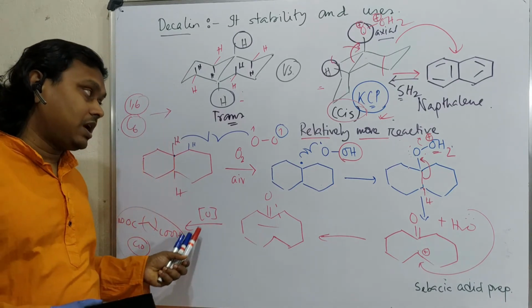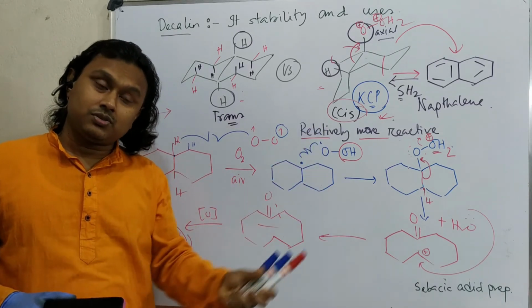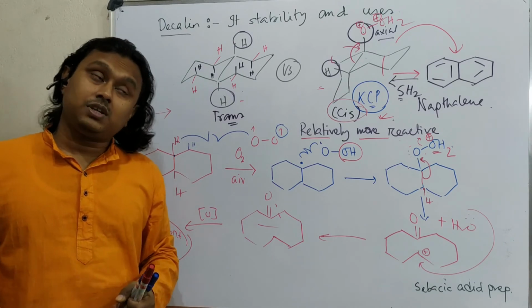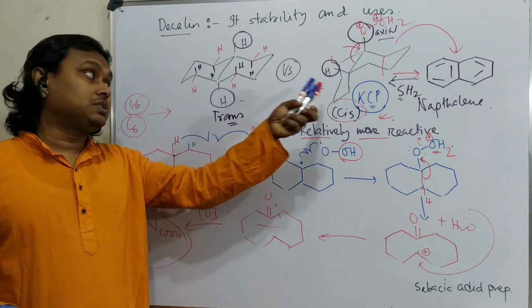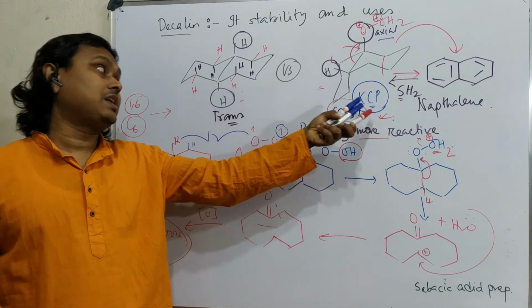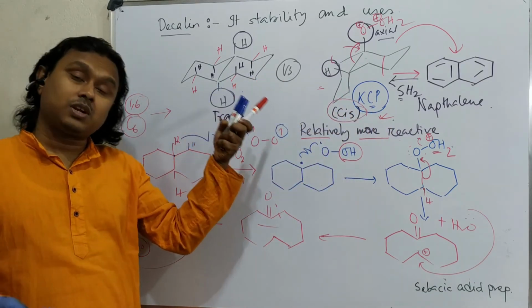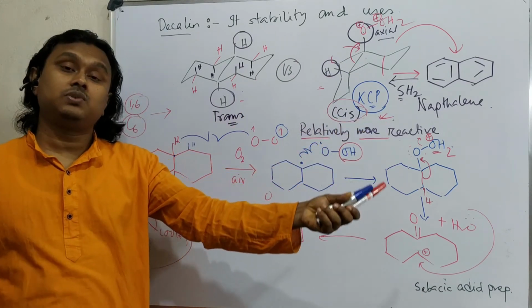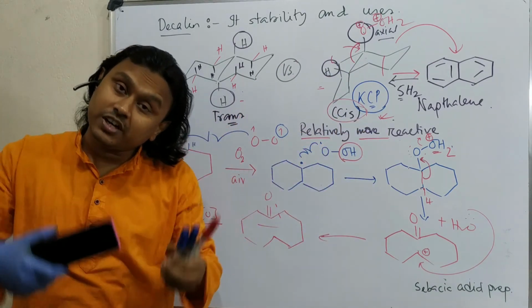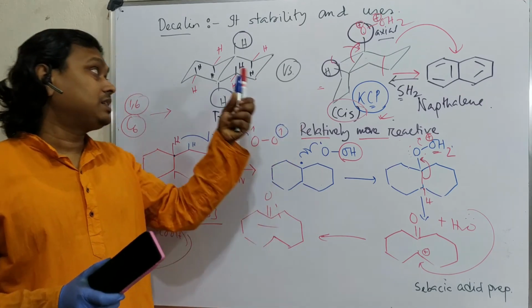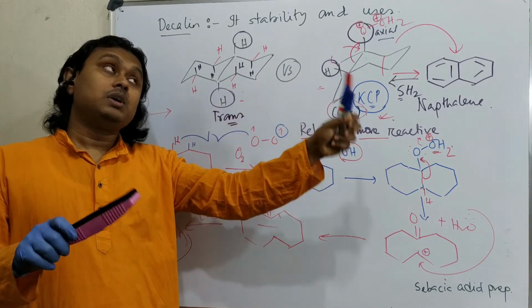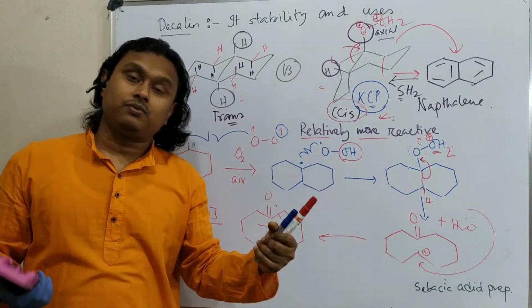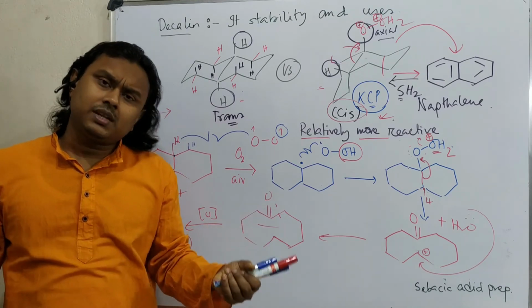Second, this hydrogenation ultimately results in this decahydro derivative. This cis isomer is less stable, that is kinetically controlled, whereas trans is thermodynamically controlled. And since it is less stable, more reactive, it is utilized for different reactions preferentially. I am not saying that trans doesn't react, cis does, but in a more reactive way. Because trans is more stable, so it is less reactive.